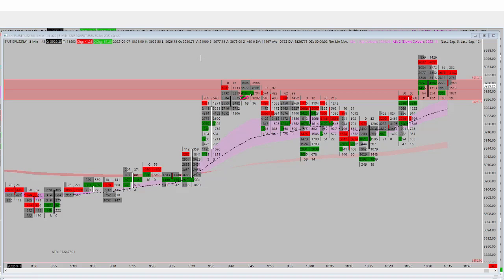We want to see that buyers are no longer active, and that's what we see on this candle open right here. Very, very thin volume. Only 500, 400 contracts done compared to when we were doing 5,000 contracts, more than that, in the previous 5-minute candle. And that is what gives us our short.